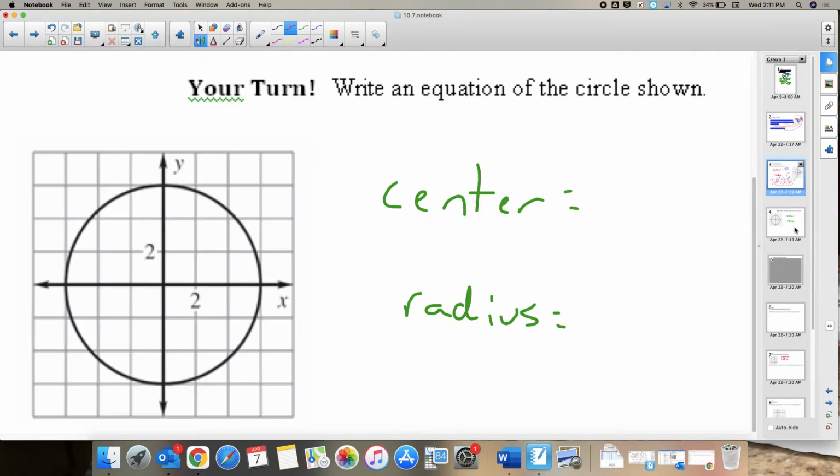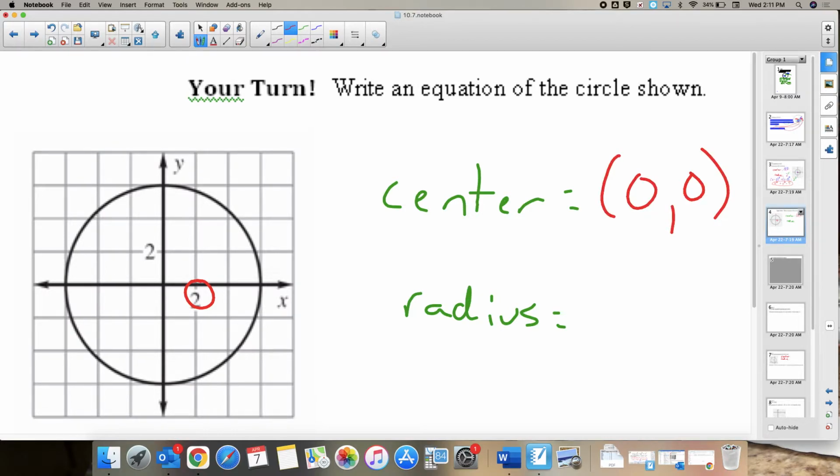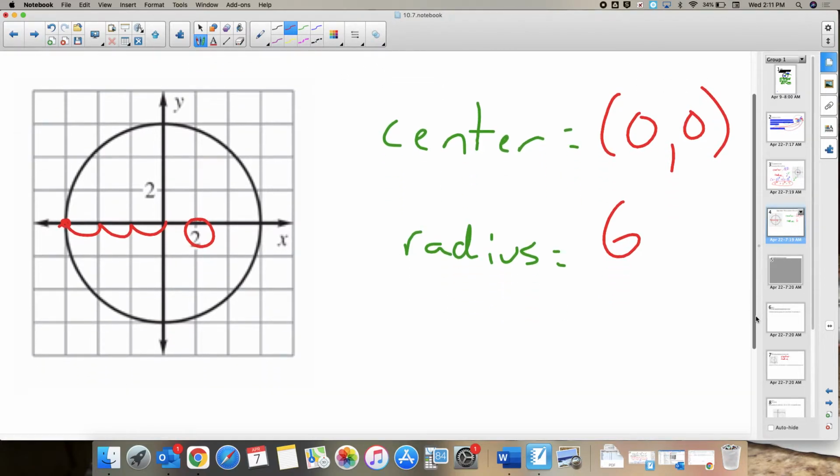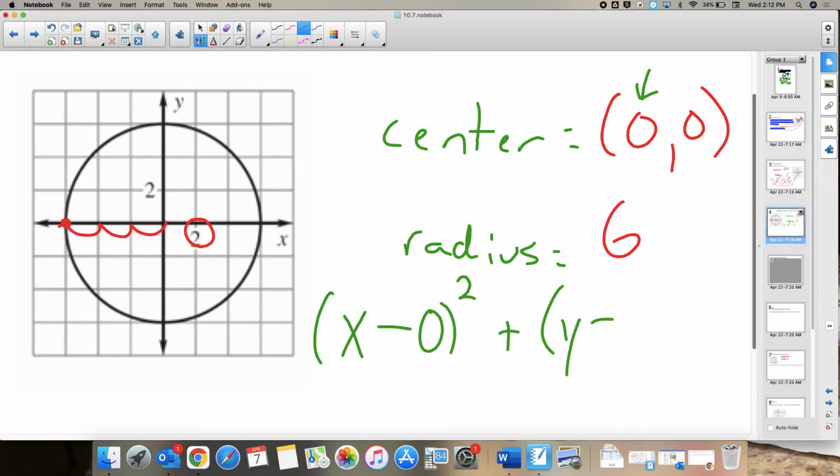Same thing in our second one here. But please note, your scale is by 2's. So my center is still at 0, 0. But now my radius is 2, 4, 6 units long. So our equation starts off, it is always x minus that x value from my center, plus y minus the y value from my center, equals my radius squared.